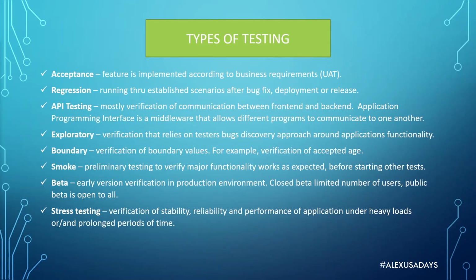So your lower boundary will be 21, a positive test, still accepted input. 20 is negative, should not be accepted. This is your lower boundary for the boundary testing, right? So if you can start using it at 21, on the lower boundary you test 21 as a positive scenario, 20 as negative. On the upper boundary, your positive scenario would be 100, and your negative scenario would be 101. So 100 should still be accepted, 101 should not be accepted.